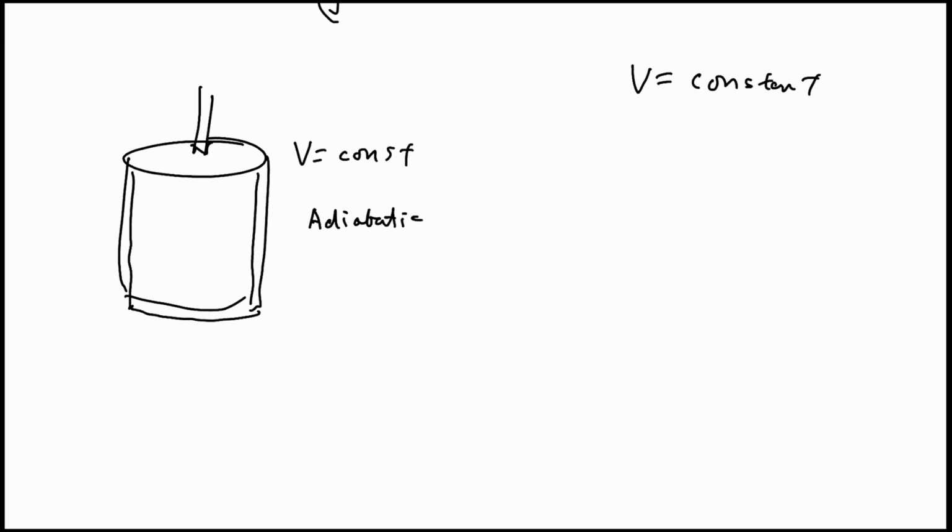And I put heat in. This is the kind of thing I would ask on an exam. I have a fixed volume gas with adiabatic walls, and I add a positive amount of heat Q to the gas. Now you might say, how did I do that if I have adiabatic walls? Well, I put a resistor in there and I heated it up or something, right? So I got the heat in there. So what is delta U?